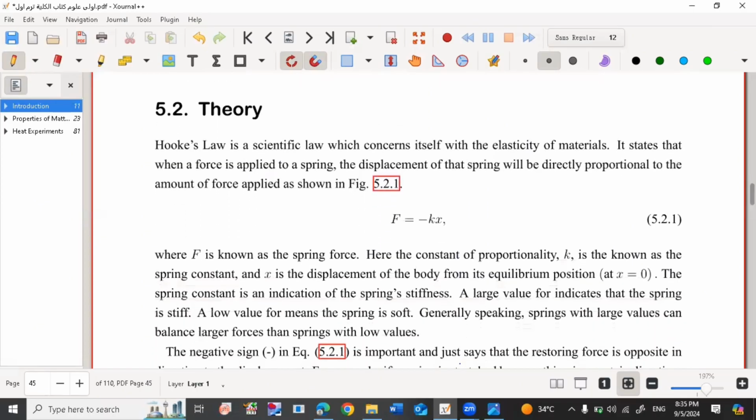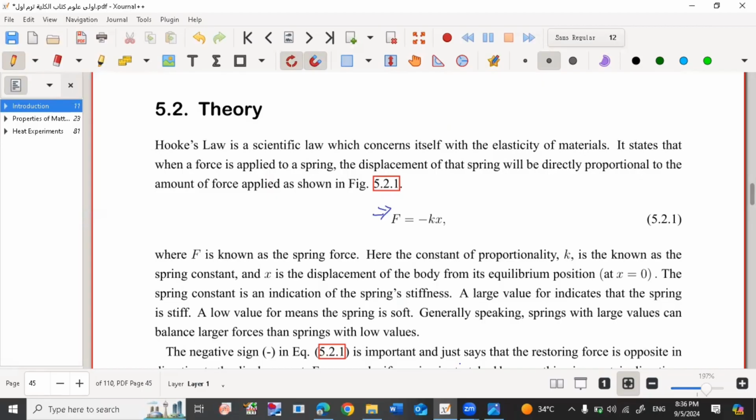So Hooke's law states that if a force is applied to a spring, the displacement of the spring will be directly proportional to the amount of force applied. This means that for the external force applied to a spring, the displacement or the elongation of this spring will be directly proportional to this force. As this force increases, the elongation will increase.